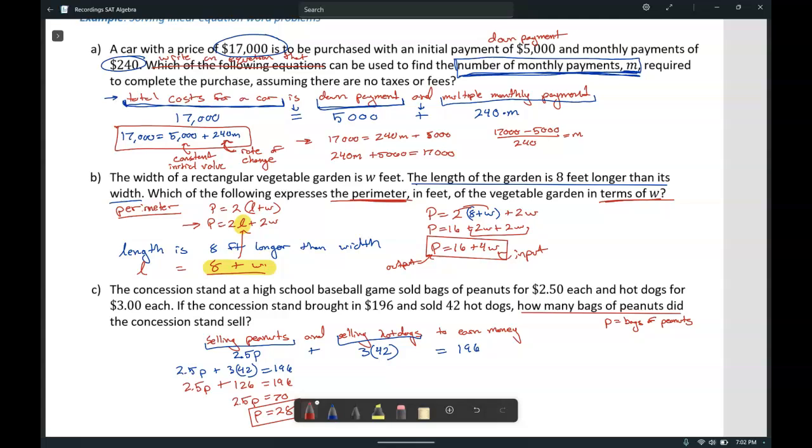And this is very similar to y equals mx plus b. If I didn't know how much my car was going to cost, the cost would be the output. If that value was unknown, we again would have an equation in slope-intercept form.